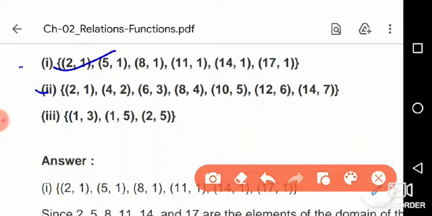There is another example containing the curly brackets 2 comma 1, 4 comma 2, 6 comma 3, 8 comma 4, 10 comma 5, 12 comma 6 and 14 comma 7. Likewise, we have the third example, a set containing the ordered pairs 1 comma 3, 1 comma 5 and 2 comma 5.